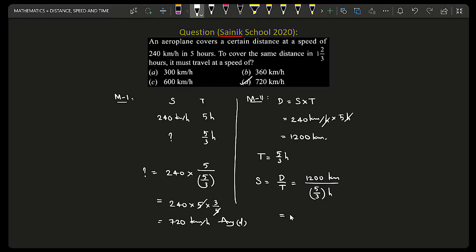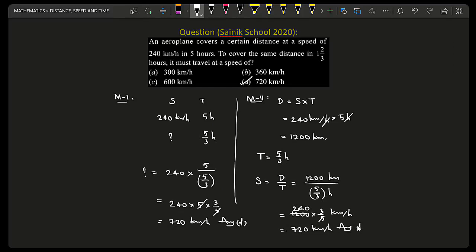Now simplify: 1200 multiplied by 3 by 5, and the units are kilometers per hour. 5 into 240 is 1200, so 240 into 3 is 720. So again, we got the same answer, right?